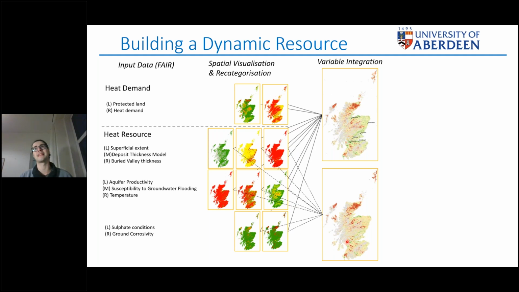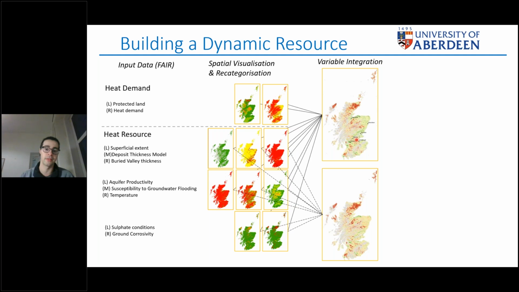That means any high favorability or extreme low favorability areas which pop up in this resource, if they're still present in this second one, it's a fail-safe to make sure that these aren't just artifacts of population density or heat demand. They're actually there in the subsurface. What it also represents is that the resource is dynamic in that sense.